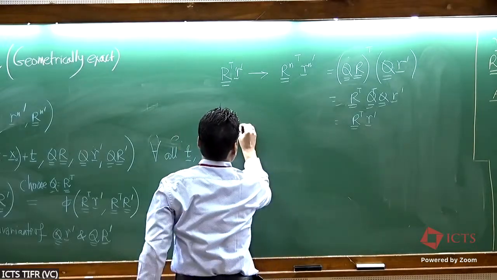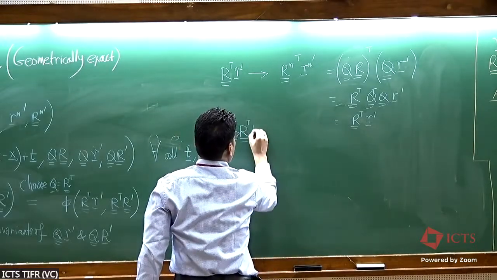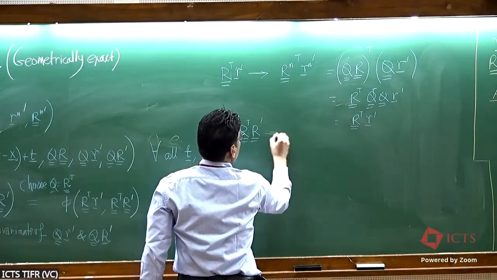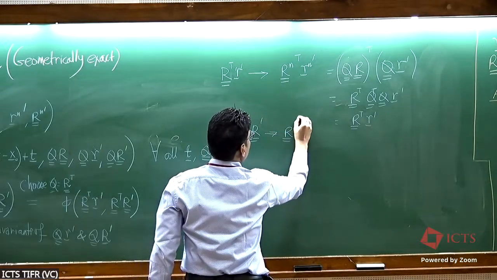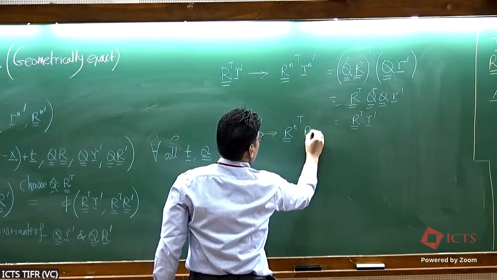Think of the same thing for big R transpose big R prime. This goes to big R nu transpose into big R nu prime.